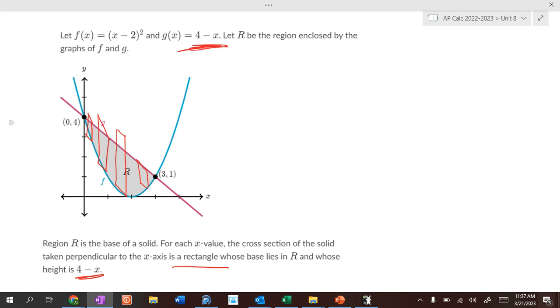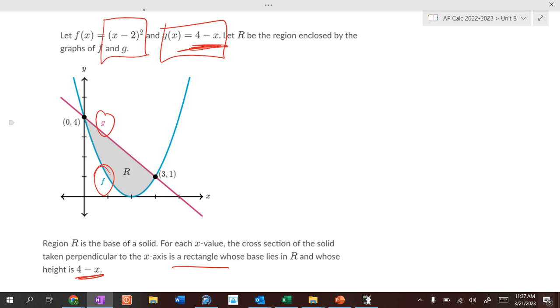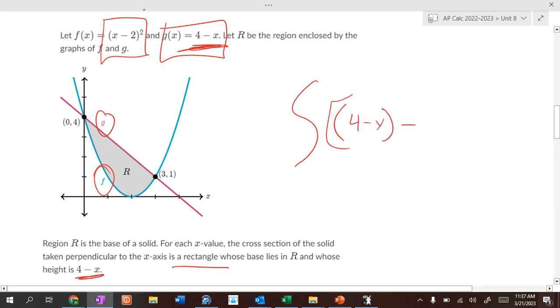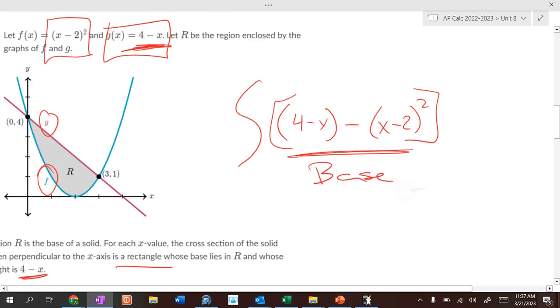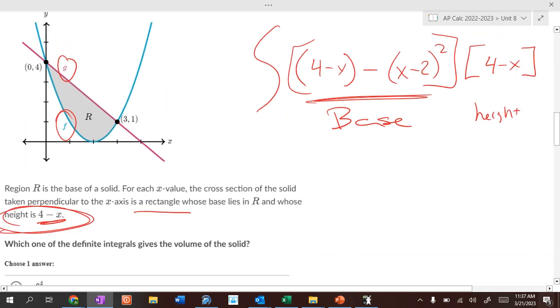So what we have to do is remember to take the top curve minus the bottom curve. The top curve is our g of x. My bottom curve here in between these 2 points is f of x. So it'll be the integral of g of x, 4 minus x, minus f of x, x minus 2 squared. This is our base times our height, which we're told down below is 4 minus x, because it says whose height is 4 minus x.